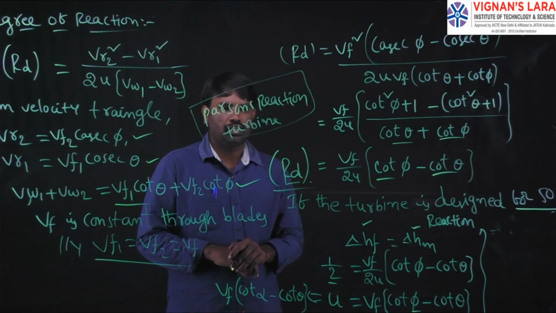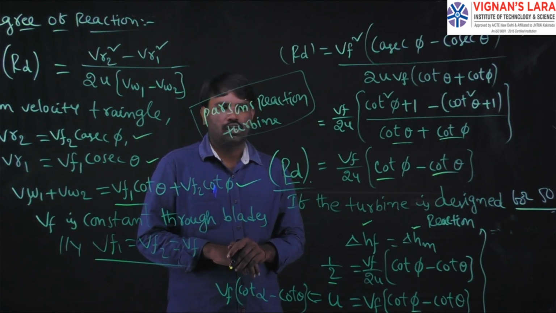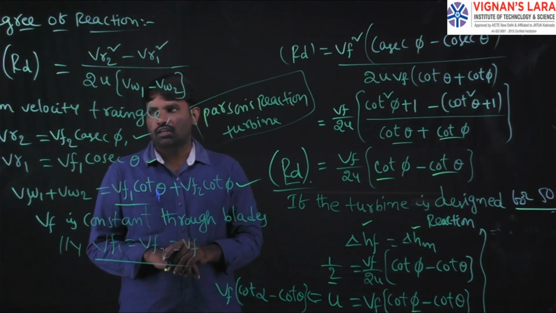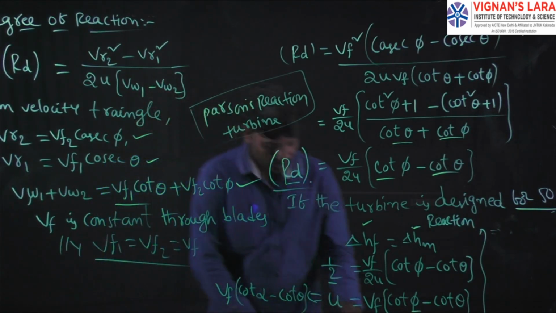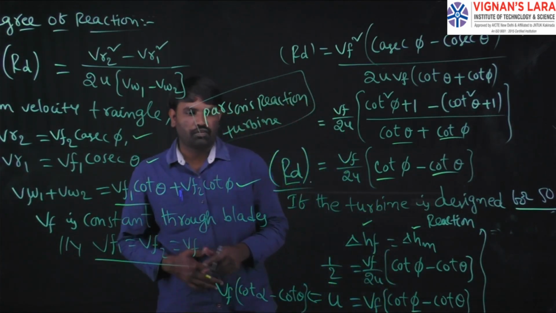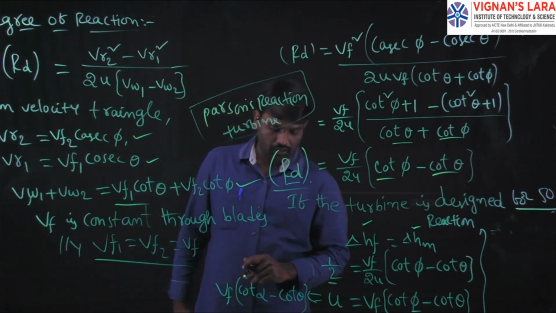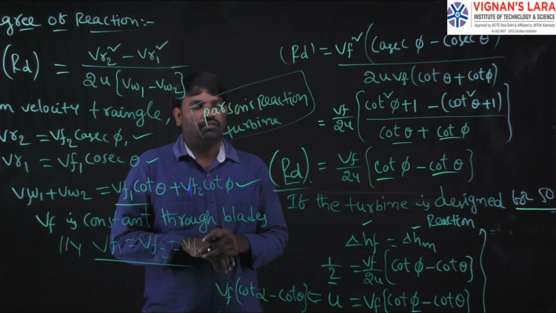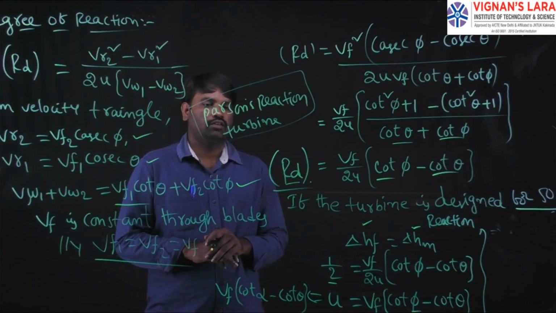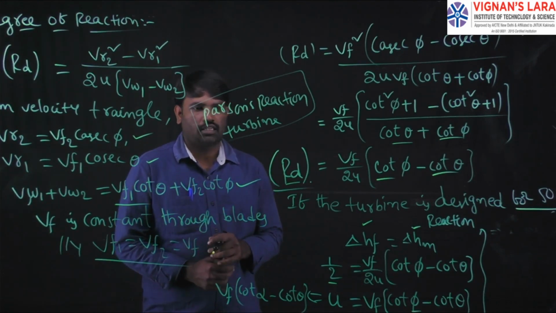You can apply the conditions of the reaction turbine: theta is equal to beta and alpha is equal to phi, as we discussed previously, and Vr1 is equal to V2 and V1 is equal to Vr2. You have to apply these conditions while drawing the velocity triangle for the reaction turbine.